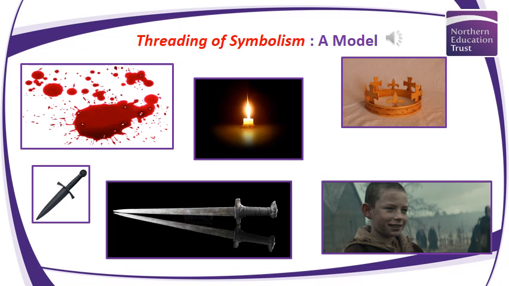So these symbols are threaded throughout, and again, you could go back to the character's journey. Where are these symbols? In what order, in what sequence are they presented to us as an audience? Why are we introduced with the long sword and blood first?